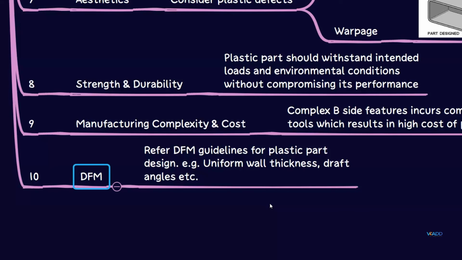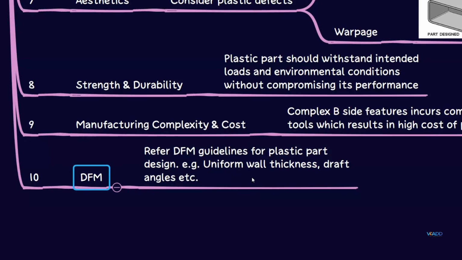And there are a lot of other DFM guidelines. We are not going to cover all the guidelines in this video, but while considering the B side features, you have to consider all the guidelines. So these are the 10 important factors. There are multiple factors other than these also, but most of the B side features you can decide based on these 10 factors.